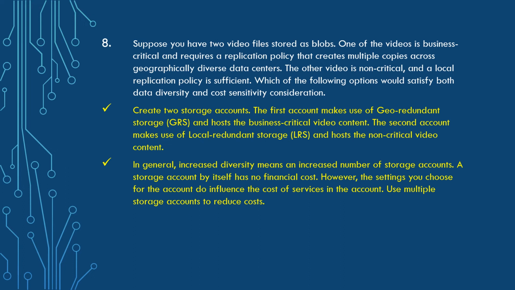In general, increased diversity means an increased number of storage accounts. A storage account by itself has no financial cost. However, the settings you choose for the account do influence the cost of services in the account. Use multiple storage accounts to reduce costs.